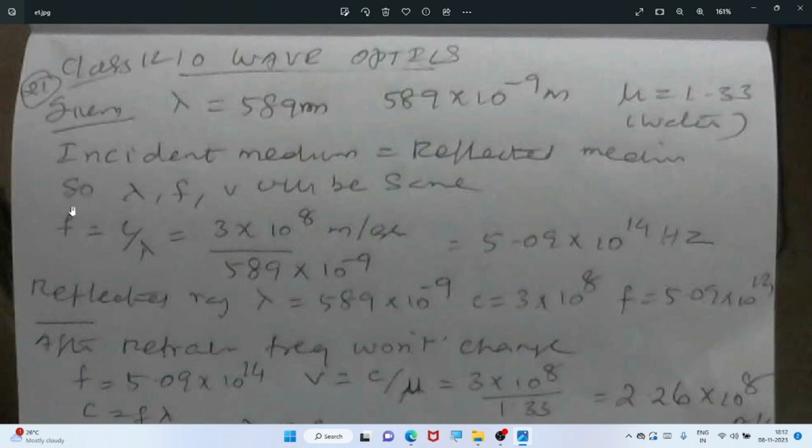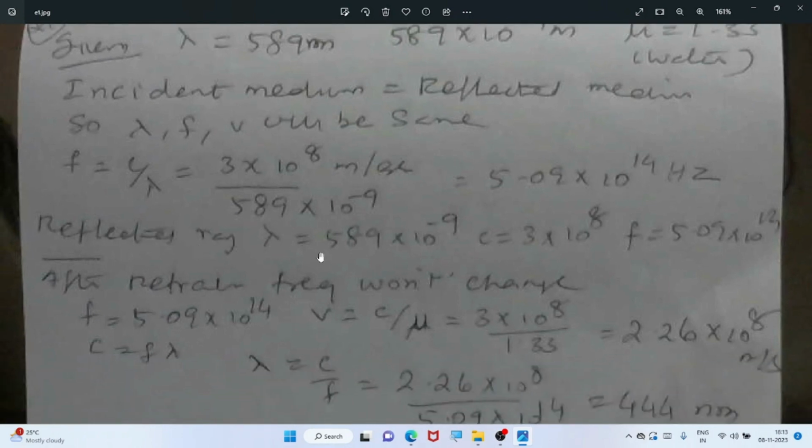So the wavelength is the same, the frequency is the same, and the velocity is the same. Since lambda is given, we can find the frequency: f equals velocity of light in vacuum divided by lambda. Lambda is this, so you will get the frequency. The velocity in air is the same, the frequency is this, and lambda is not going to change.